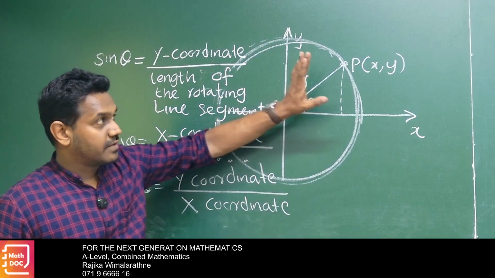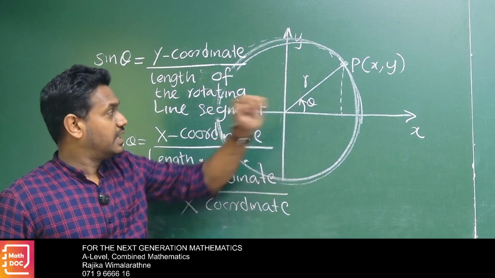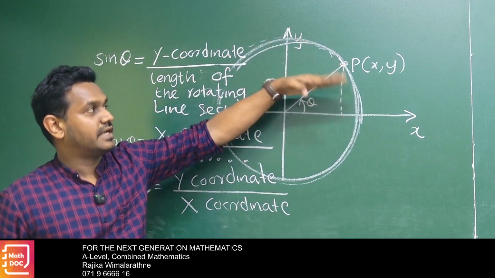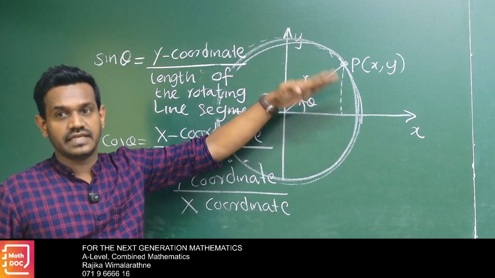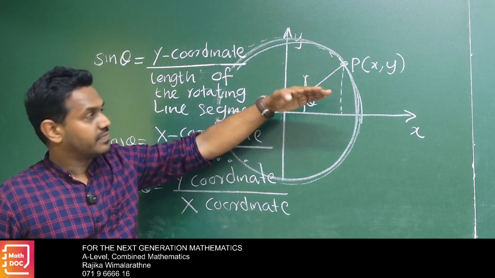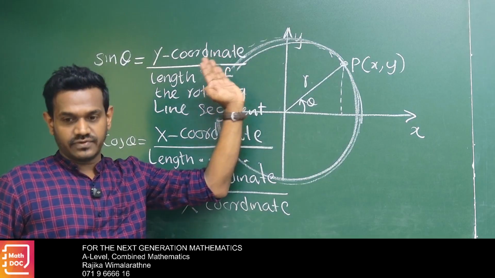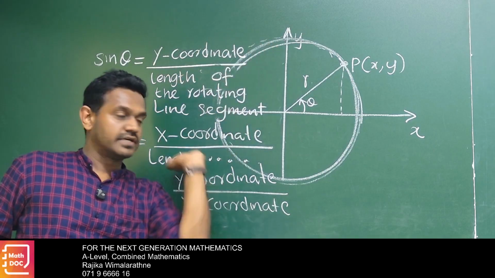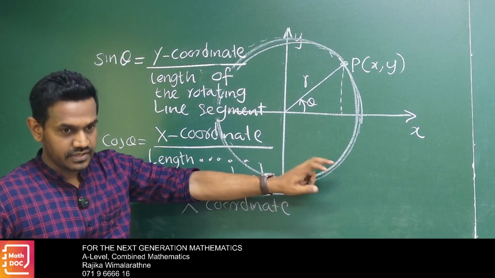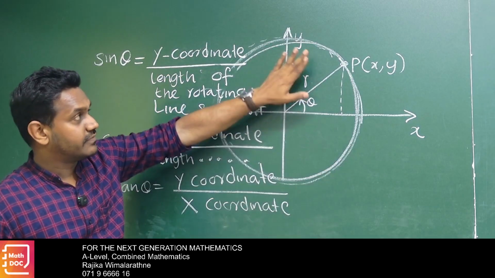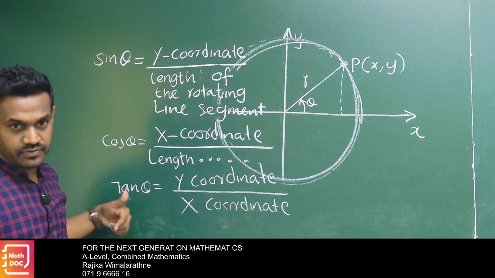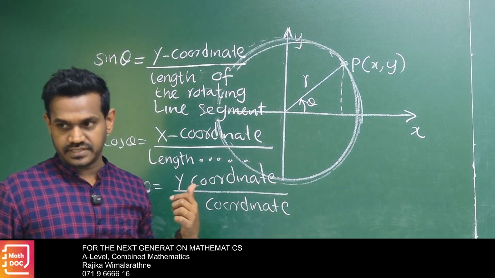Coordinates can be positive or negative, length only positive. When it rotates, the xy signs change, no? First quadrant x and y are all positive, but second quadrant x negative, no? Third quadrant x and y both negative, fourth quadrant y only negative, no? Then according to those quadrants, trigonometric ratios can be positive or negative. But anyway, this is what we call the actual definition.